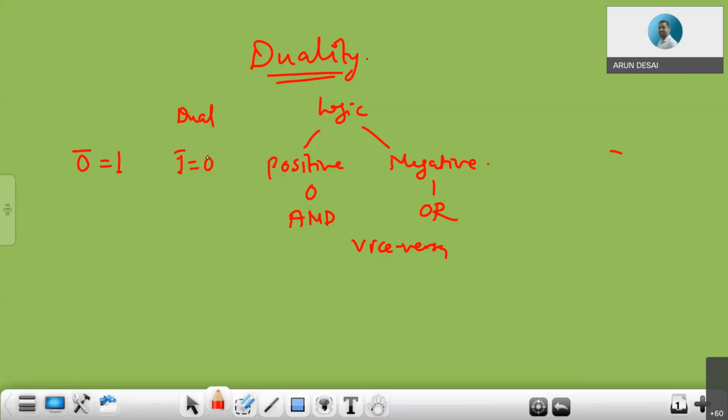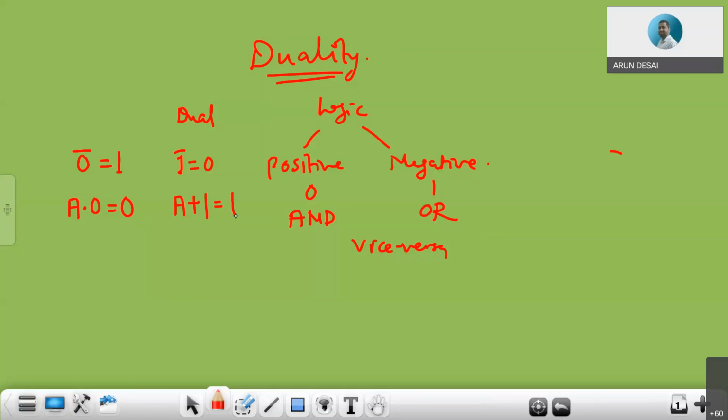Or if suppose A dot 0 is treated as 0. Why? Because anything with 0 is 0 itself. How its dual holds is change AND to OR, 0 to 1, right?